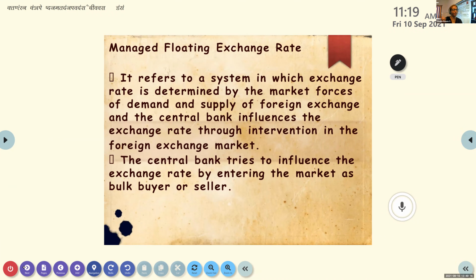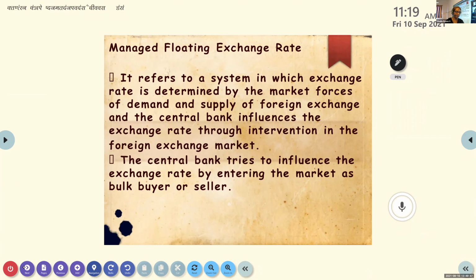So that shows that some sort of intervention is there, someone is influencing this. Why is it called managed? Because it is managed by the central bank of a country to influence the foreign exchange. So sometimes, even though we have a flexible exchange rate, it will be influenced or managed by the central bank.